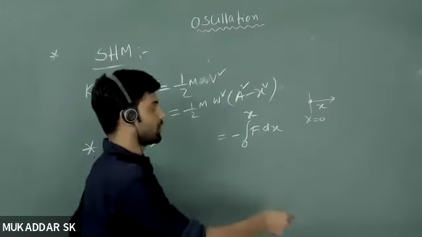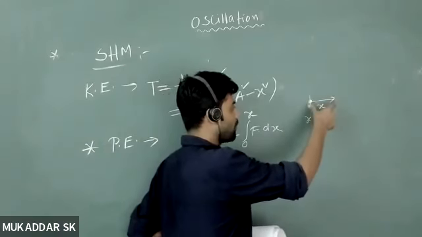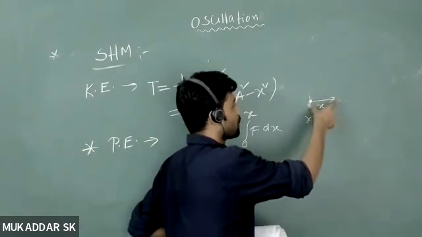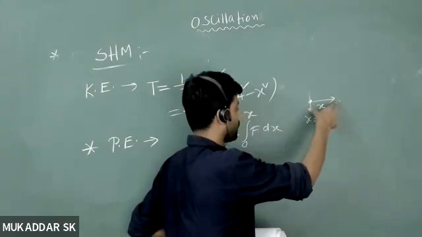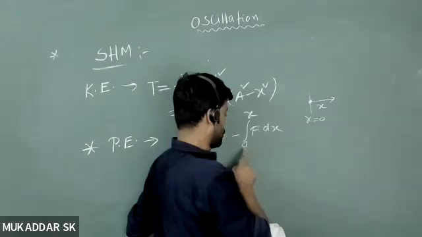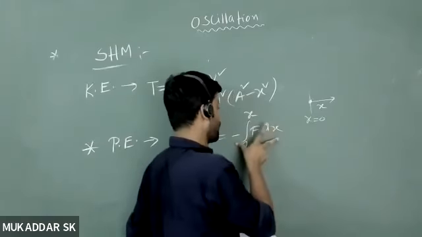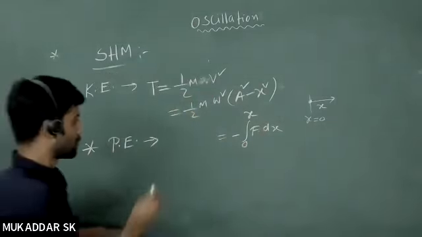Did you get what I am saying? Initially the oscillator is at equilibrium position. Now you displace it by an amount x, so you have to do some work. That work done is the integral of f dx from x equals 0 to x. And work done is nothing but change in potential energy, right?